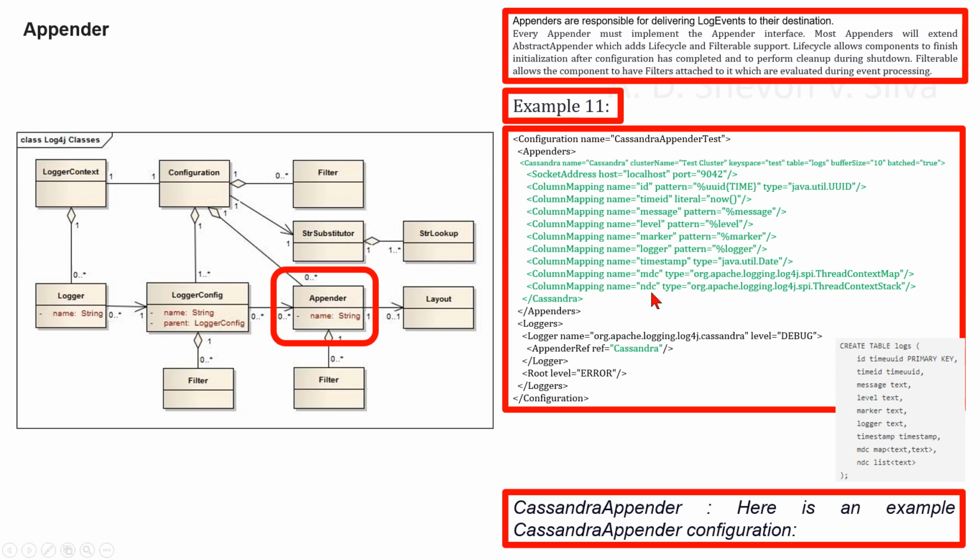A conversion type compatible with java.util.Date will use the log event timestamp converted to that type. That is, for example, use java.util.Date to fulfill a timestamp column type in Cassandra.